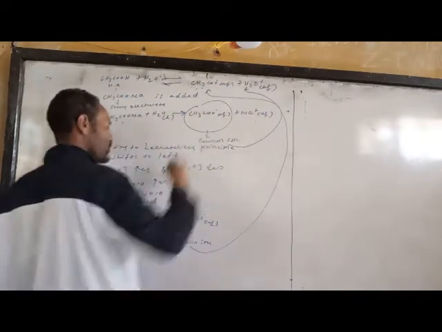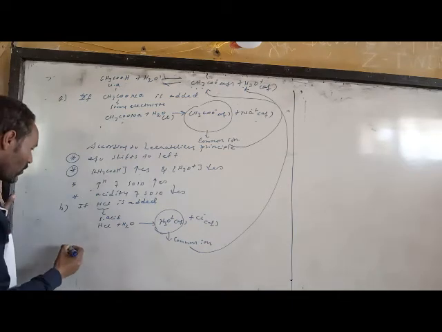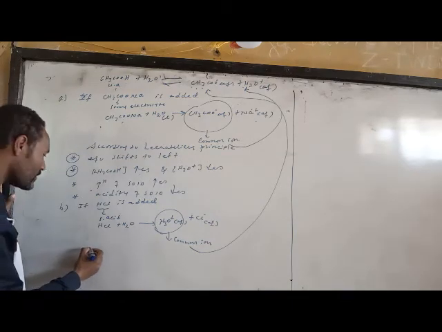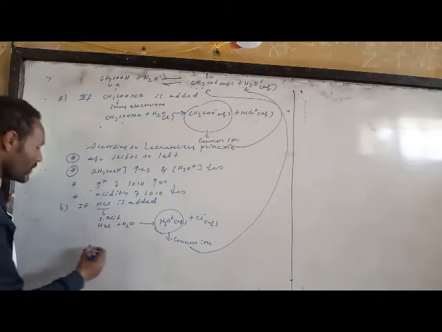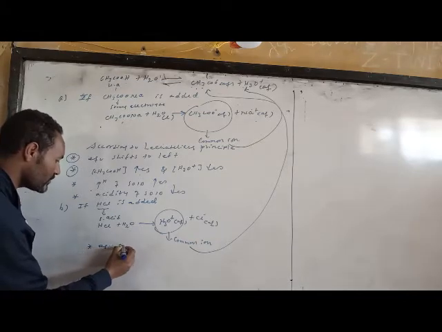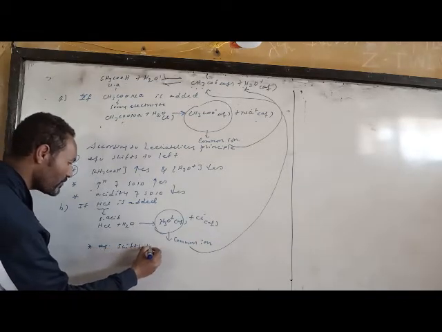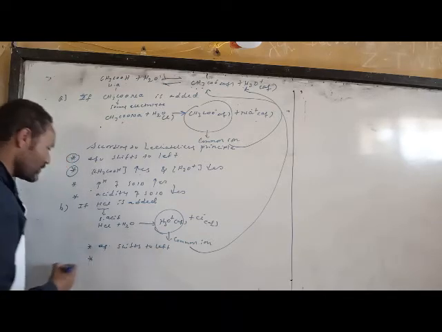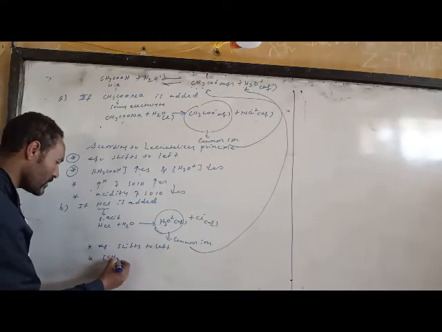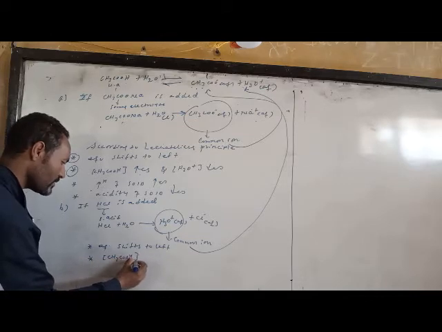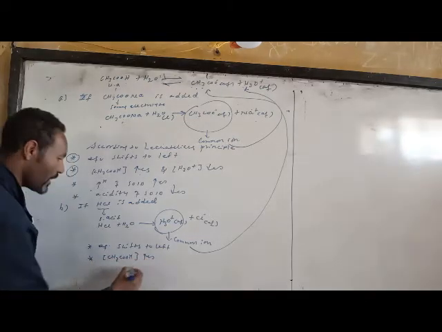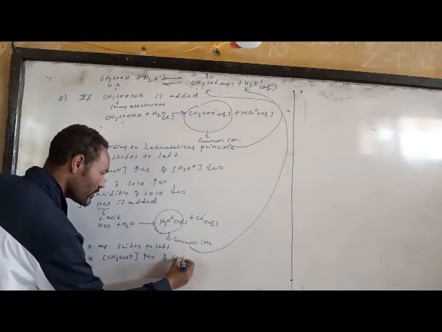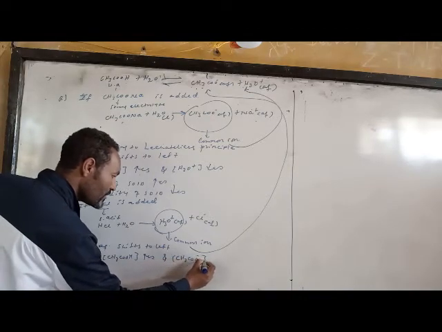Okay, it is found in the original reaction here. So the effects are, one thing, the equilibrium shifts to the left direction again, and the concentration of acetic acid increases, and the concentration of acetate ion decreases.